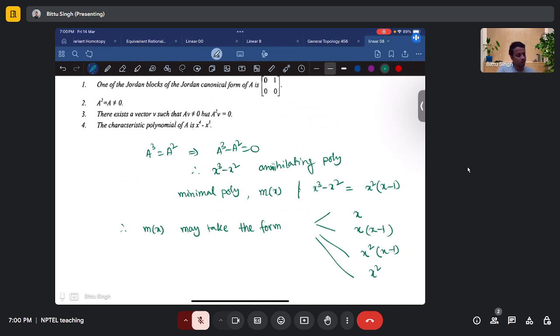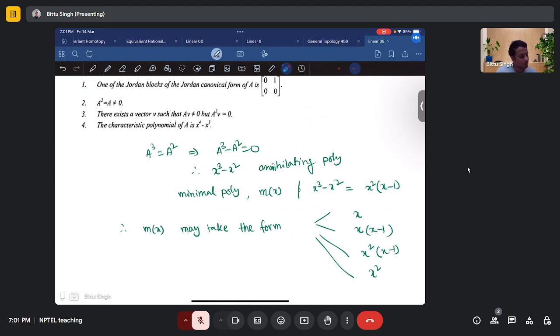So those are the only monic polynomials which divide this x squared into x minus 1. Okay, but it is clear that those degrees of those individual factors are actually 1, right?